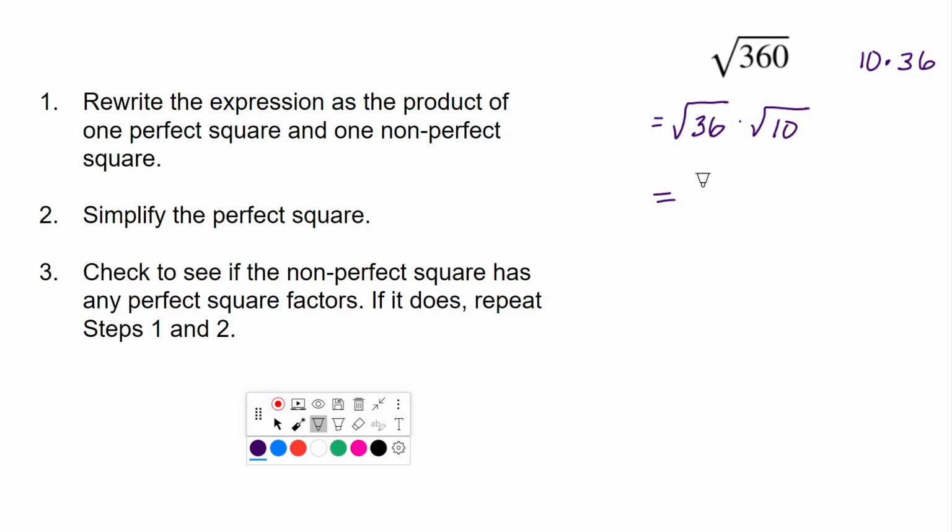The square root of 36 is 6 times the square root of 10. Now factors of 10 are 1 and 10 and 2 and 5. I don't have any perfect squares among these four factors, so I cannot simplify the square root of 10 any further, and this is my final answer.